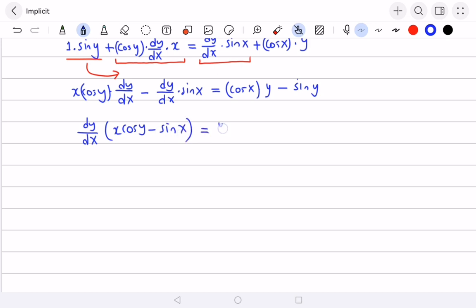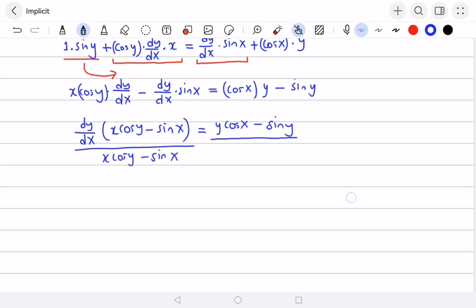This is equal to, let me write it as y cos x minus sin y. Then we divide by x cos y minus sin x. Then this cancels that one.